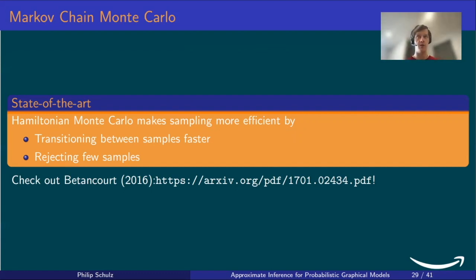So that in the end, although it's still Markov chain Monte Carlo and samples are autocorrelated, that correlation may pretty much vanish because we're taking such large steps. And that also means that we're rejecting very, very few samples. It may still happen that we're rejecting samples, but by and large, we're going to reject very, very few samples.